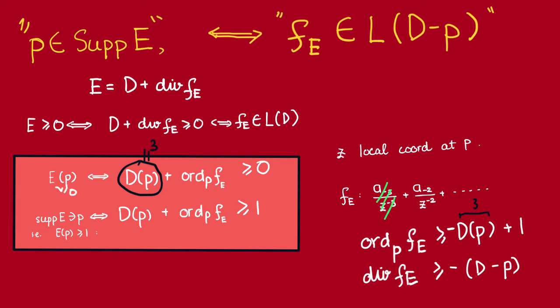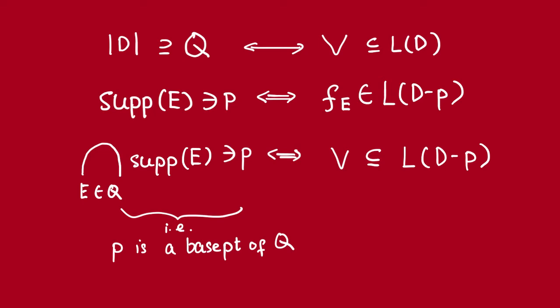So what does it mean for P to lie inside the support of a linear system inside a complete linear system? Let's say we have a linear system Q corresponding to a vector subspace V inside LD.